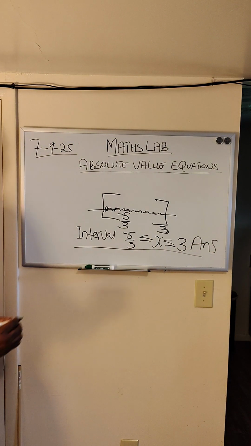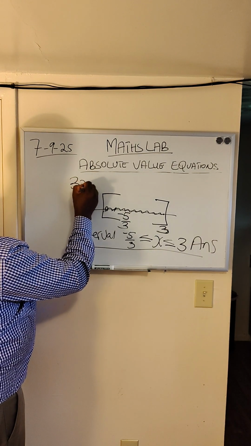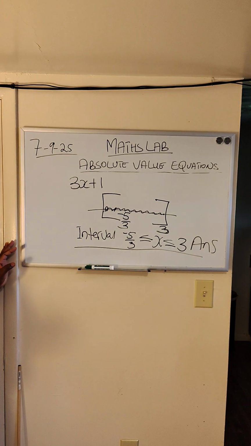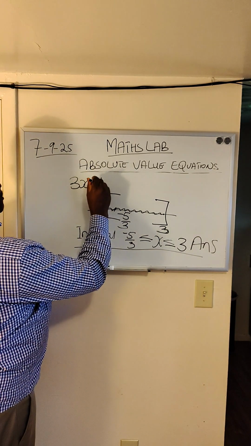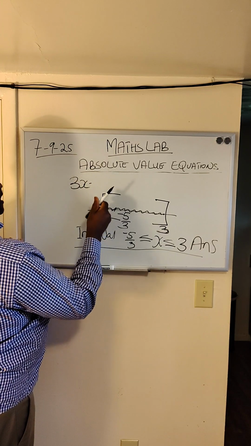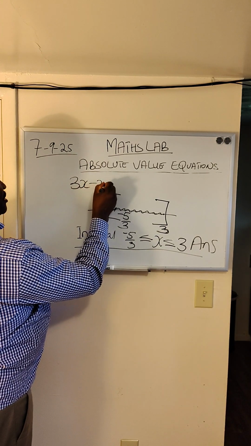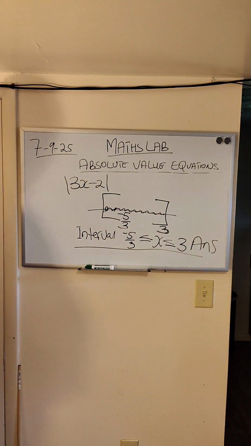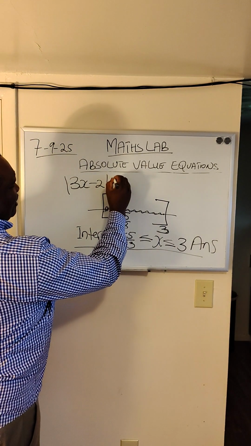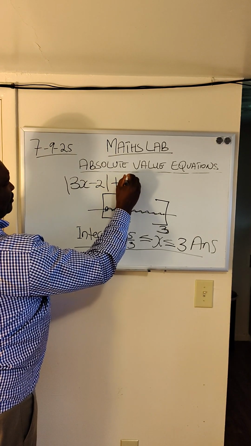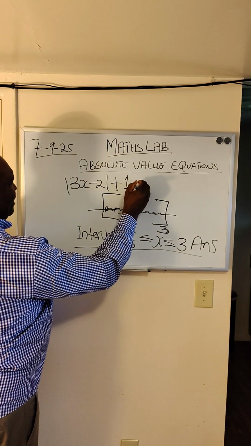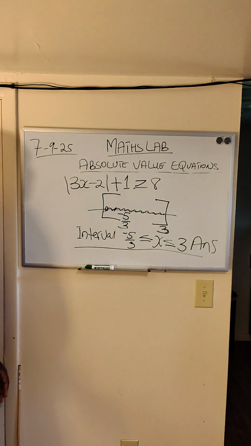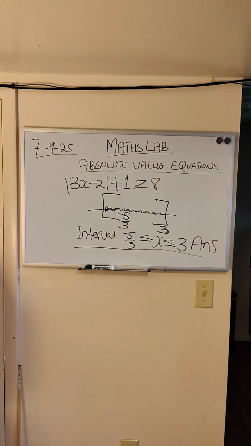And remember, the problem given was 3x minus 2 in absolute value, and then there was a plus 1 right here, and that was less than or equal to 8.